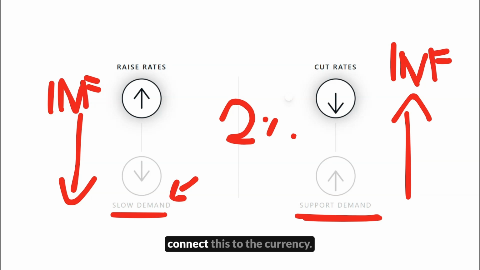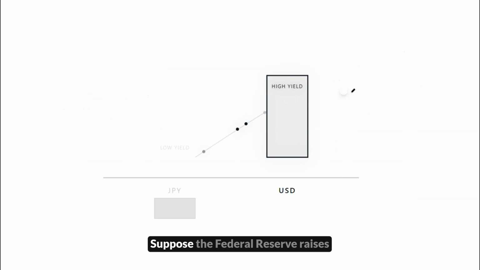Now let's connect this to the currency. Suppose the Federal Reserve raises interest rates while the Bank of Japan keeps interest rates much lower. Well, dollar-based assets now offer a more attractive return relative to what? To the Japanese yen, to Japanese-based assets.